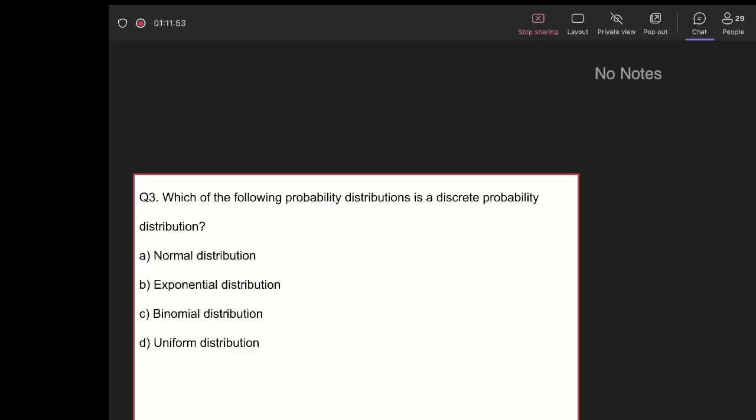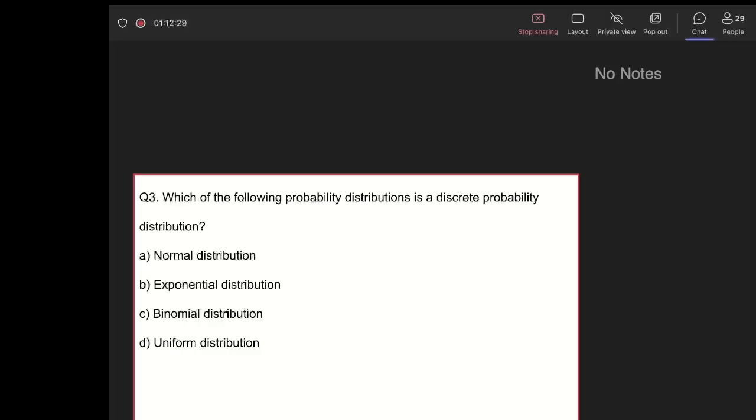There are two kinds of random variables: continuous random variables and discrete random variables. Similarly, there are continuous probability distributions and discrete probability distributions. Normal distribution is for a continuous variable, and it looks like a bell curve. Exponential distribution looks like an e power x graph, and that is also for a continuous variable.